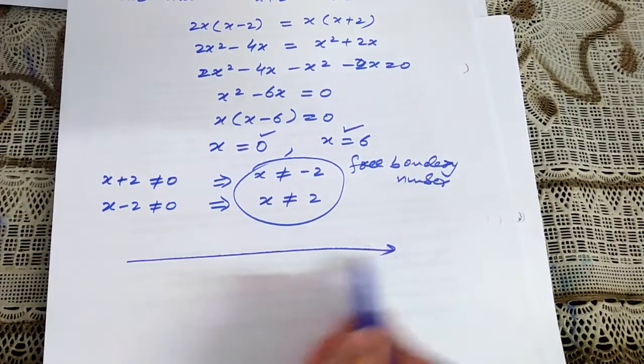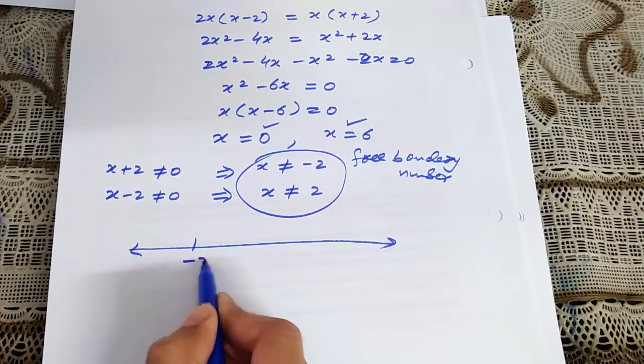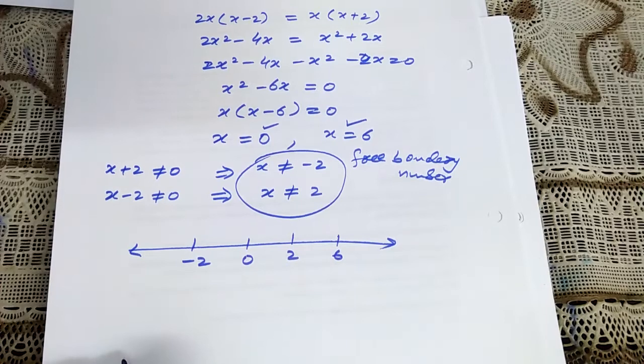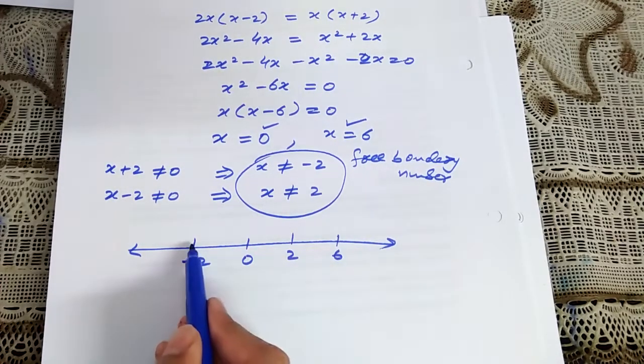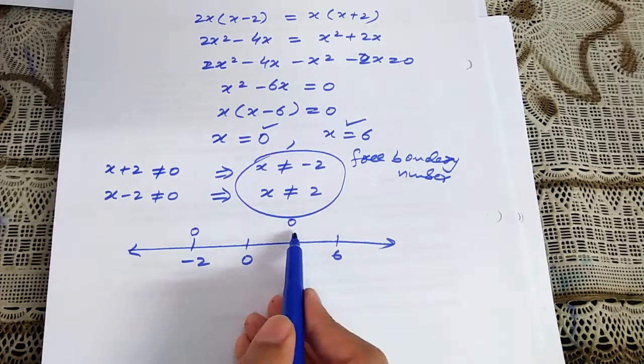So we will draw a number line. On the number line we get minus 2, 0, 2 and 6. Now this minus 2 and this 2 are our free boundary numbers.